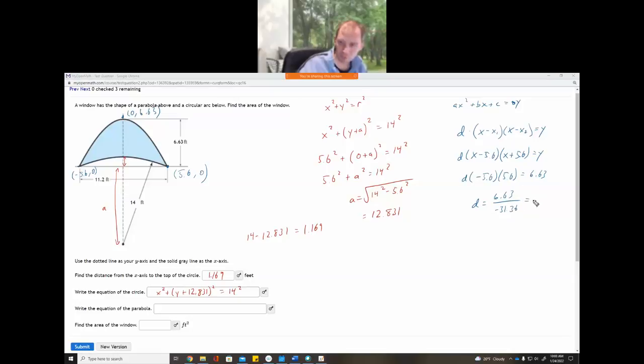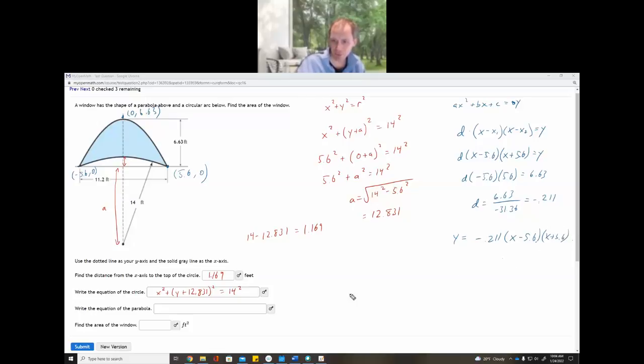So when I divide those, I'm going to get a negative 0.211. Okay, so my equation of the parabola is y equals negative 0.211 times x minus 5.6 times x plus 5.6.